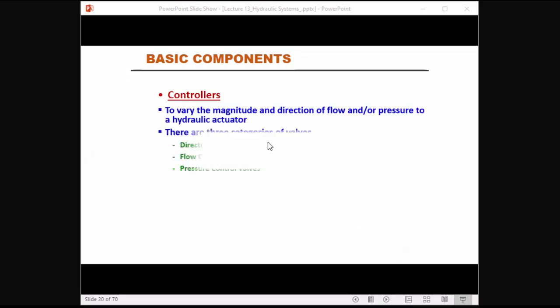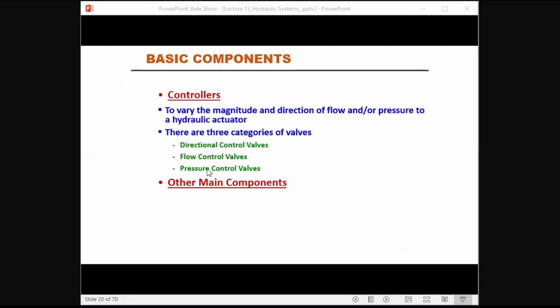Okay, then here you can see controllers. These are the controllers: direction control valve, flow control valve. We can control the direction of the fluid using the direction control valve.